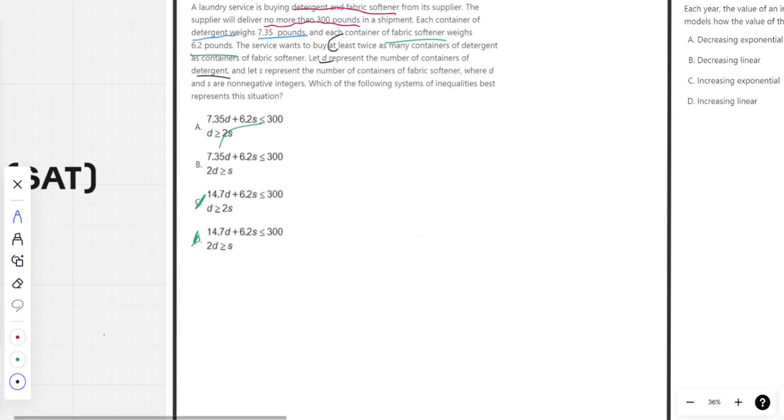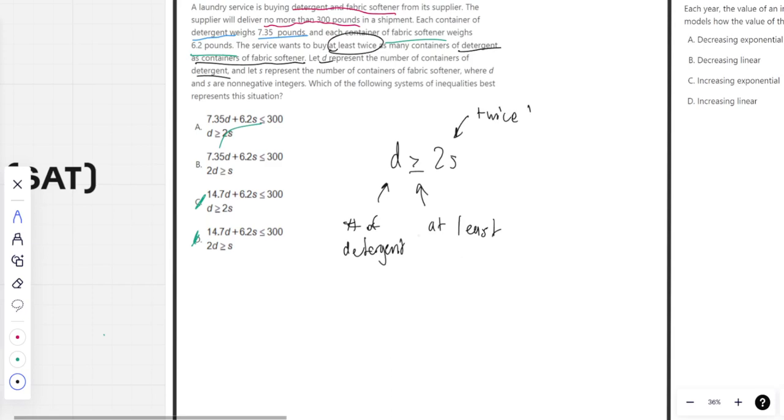We want to buy at least twice as many containers of detergent as containers of fabric softener. That means the number of detergent should be at least twice the number of fabric softener.